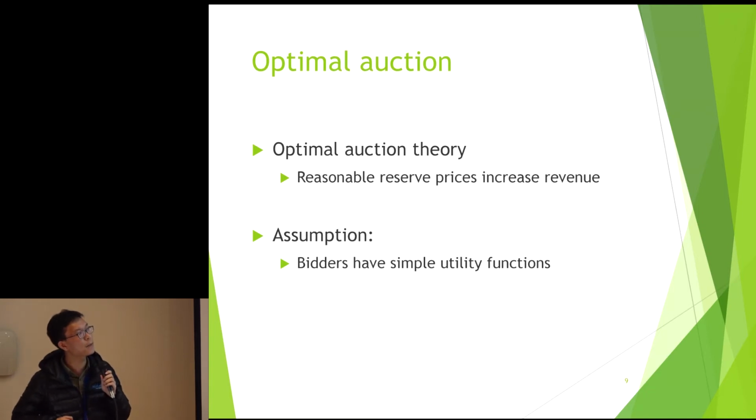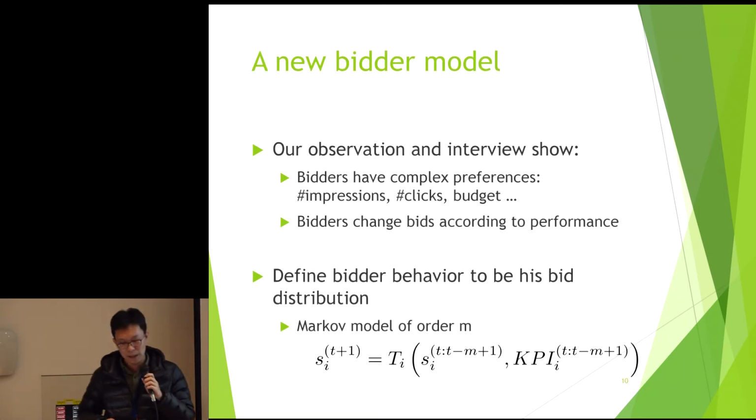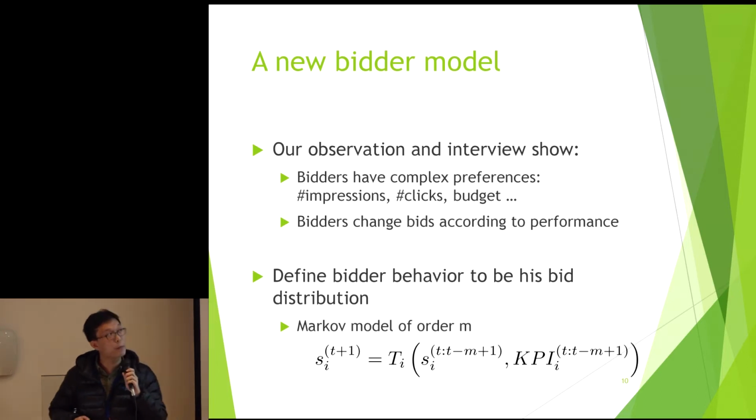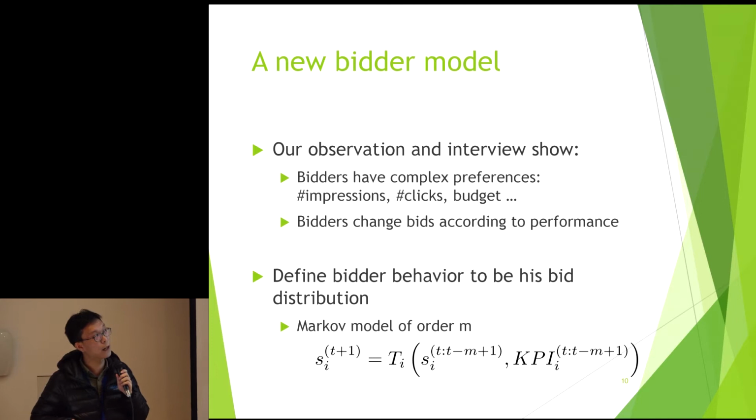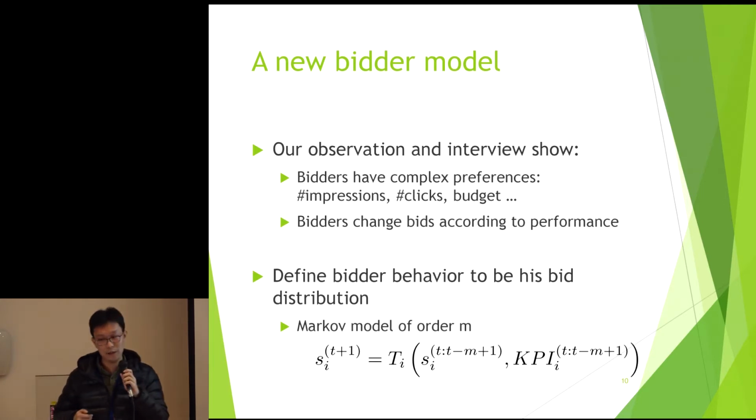But in practice, our observations in Baidu show that the bidders may care about a lot of things other than their value. The bidders can have very complex preferences.